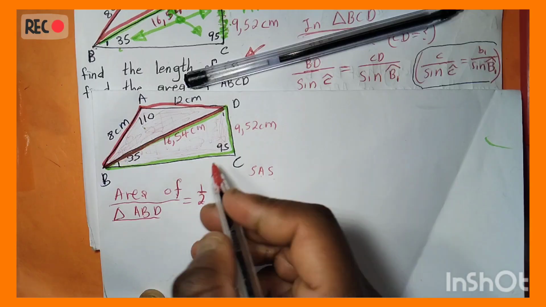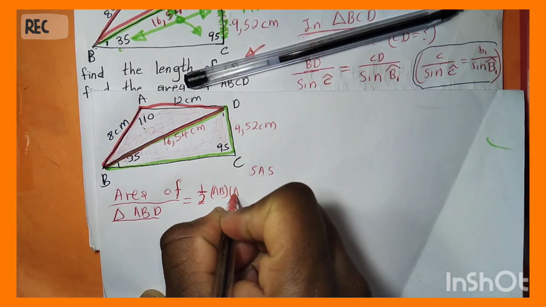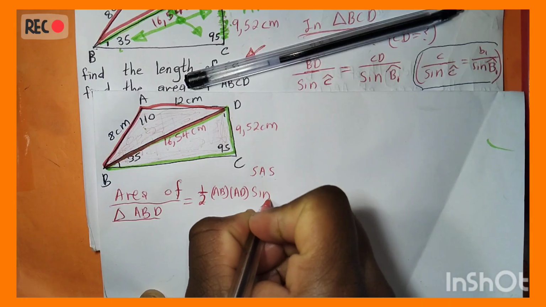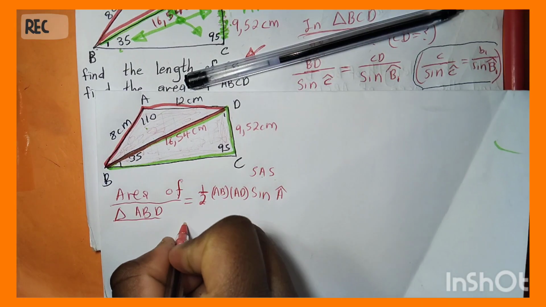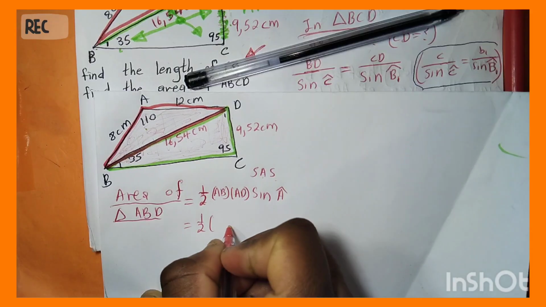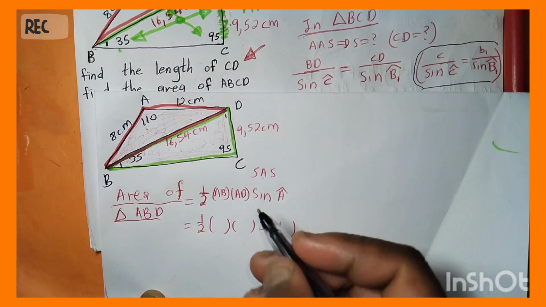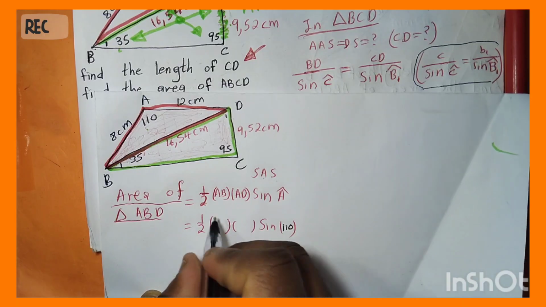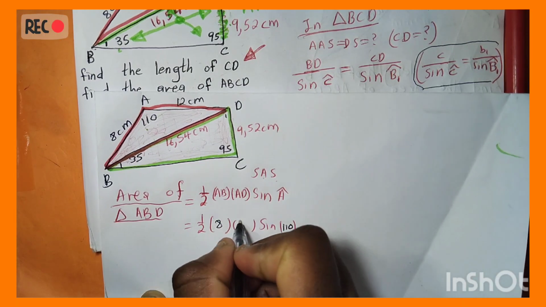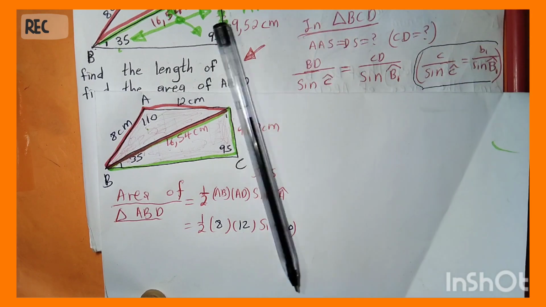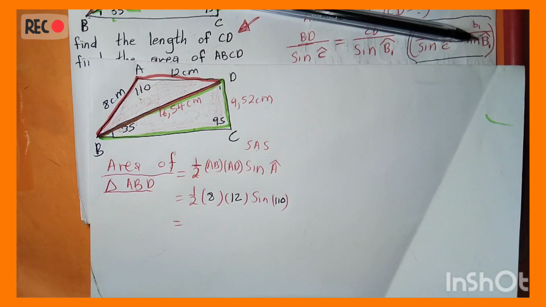It will just be AB multiplied by AD, and sine of the angle, which must be A there. Now I can substitute here, which is sine 110. AB is 8, then AD is 12. So straightforward, you can just use your calculator to get that area.